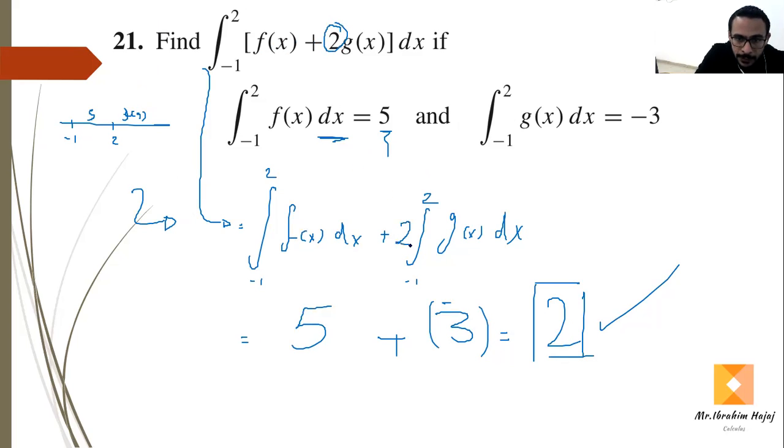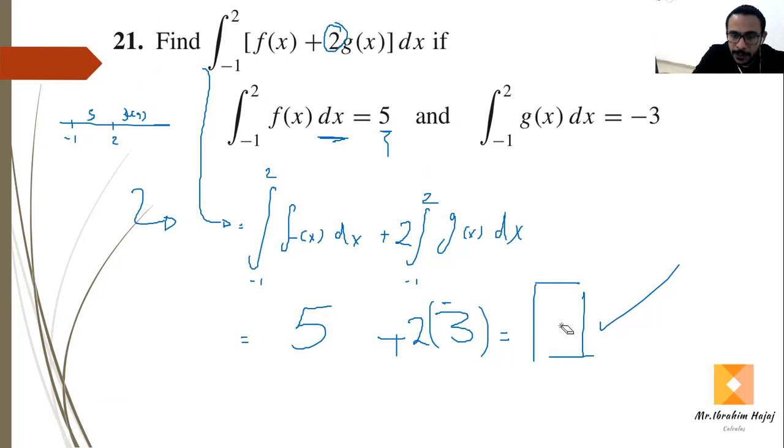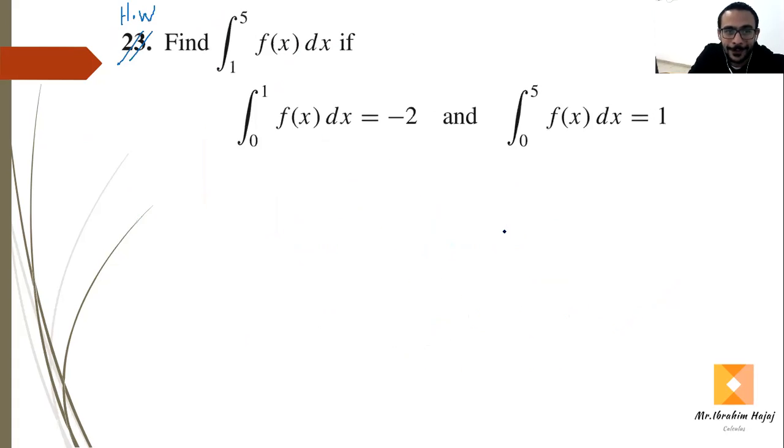We have to put it outside here and then multiply 2 by negative 3, which is negative 6, and negative 6 now plus 5, which is negative 1. مستر هلا ثواني. مستر هي نيجاتيف 3 صح؟ 5 plus 2 times negative. أيوة خلاص. أيوة حسيت فيه غلط بس. Okay, 23 homework, the same تمام as 21.